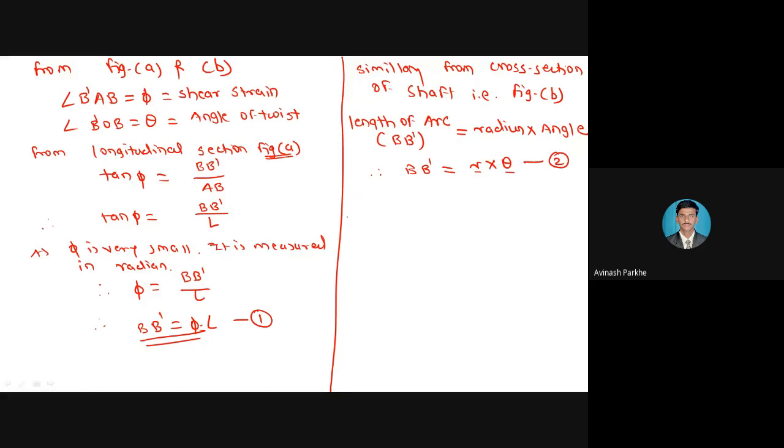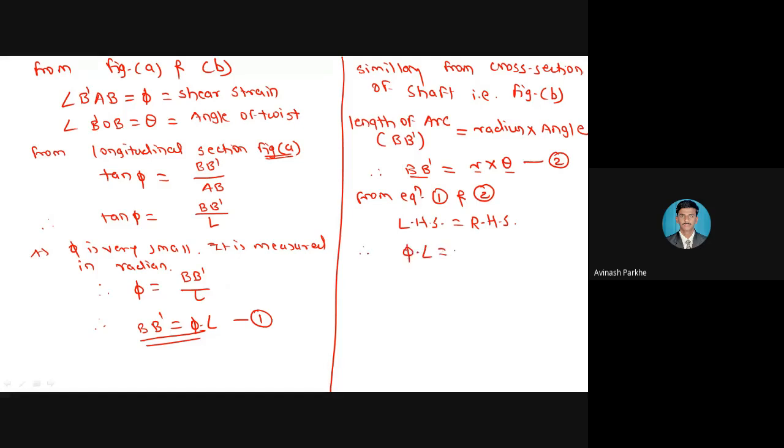If I compare equation number 1 and equation number 2, B dash is present on the left side in equation number 1. Similarly, in equation number 2, B dash is present. Therefore, LHS is equal to RHS. As the left hand sides are equal, their right hand sides also become equal.